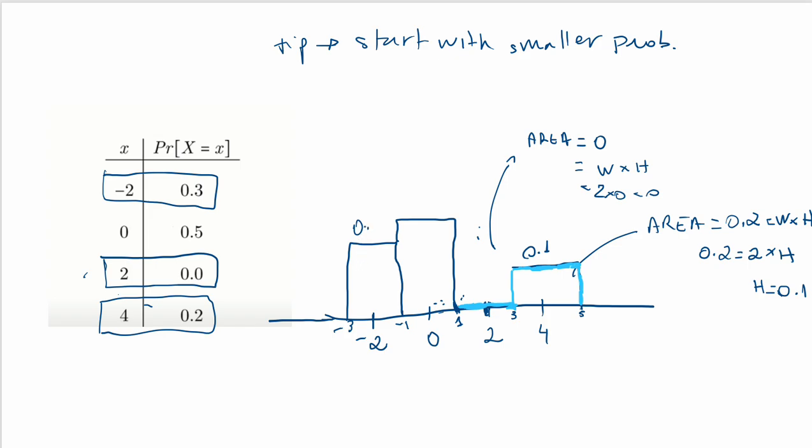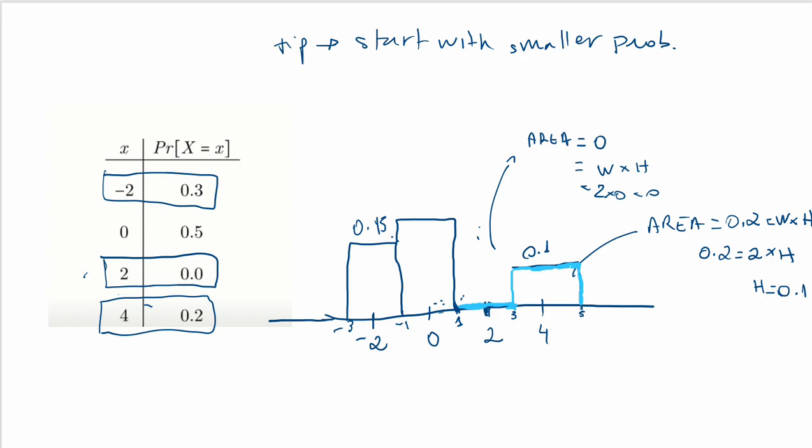So if I have a base of 2, I want to put half of the value here. This has to be 0.15, because 0.15 times 2 equals 0.3. Okay?